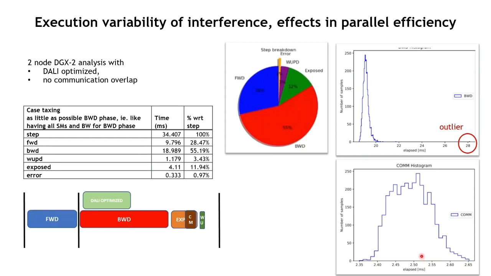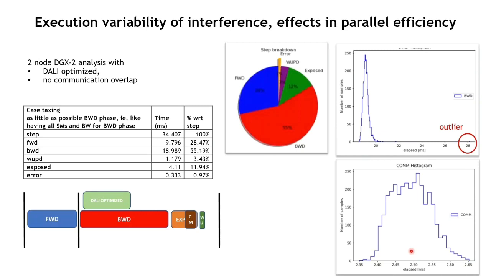Percentage-wise, 1.6 milliseconds out of 34.4 milliseconds is 4.6% of inefficiency. In other words, this execution has a parallel efficiency of about 95.4%. That means a very high parallel efficiency.